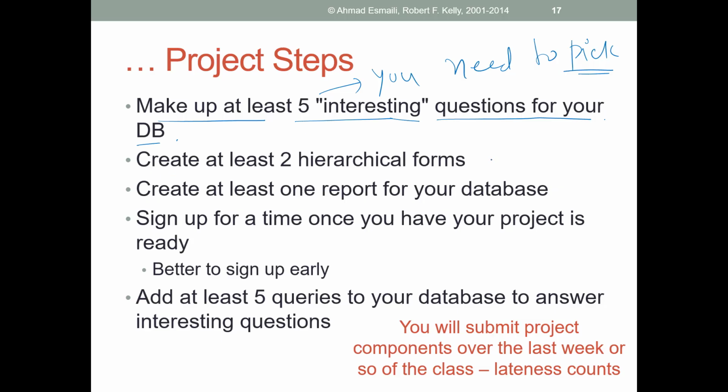Then we have the GUI part, which would require you to create at least 2 hierarchical forms. Now, if you're wondering what are these forms and all, don't worry, I will share with you the information which will help you out in drawing the hierarchical forms and the simple forms. You'll have to create at least one report for your database.